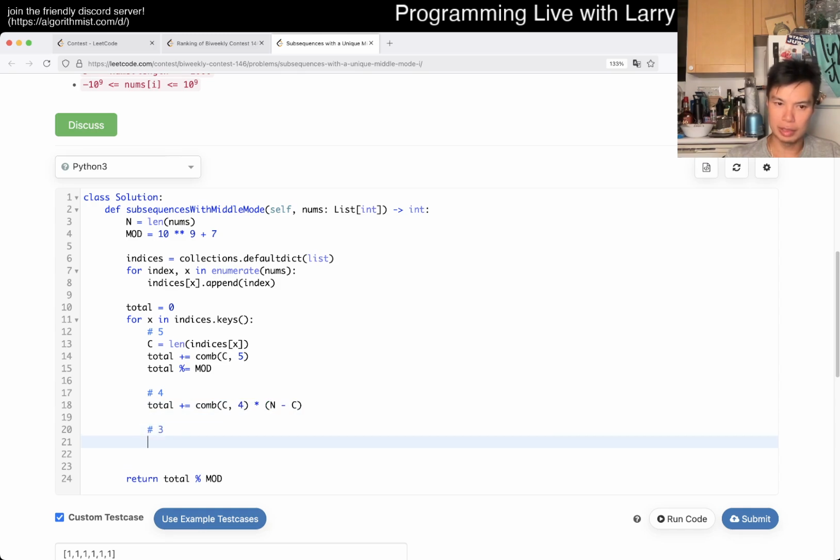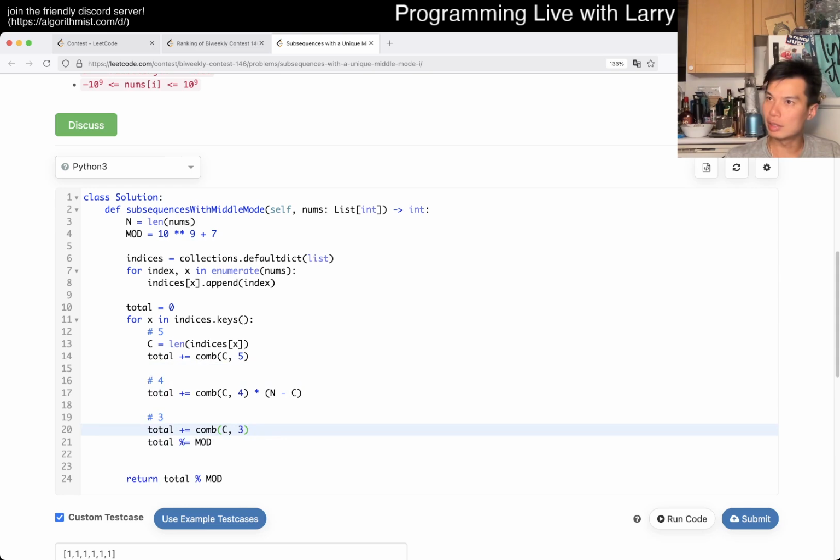Okay, and then 3 is going to be choose 3 and then n choose 2, right? Now it has to be n minus c choose 2, of course. Okay, yeah, I think that's fine.